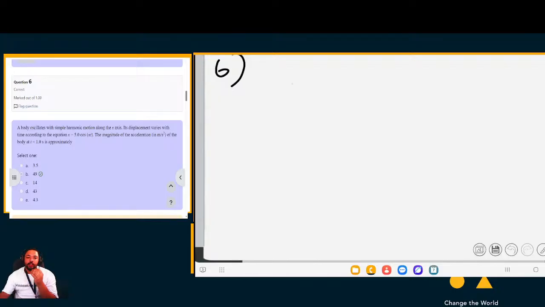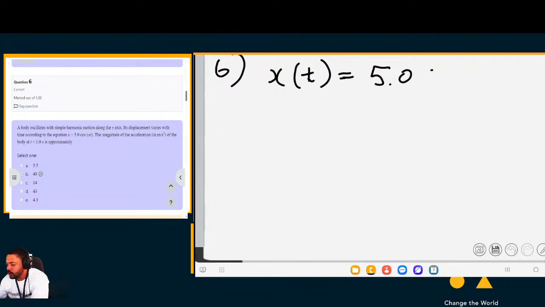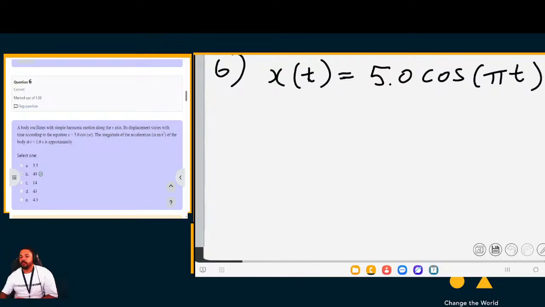Its displacement varies with time according to the equation, meaning the position of this body, and it is varying according to this formula: 5.0 cosine of pi times t. So its position is varying on the x-axis according to this formula.